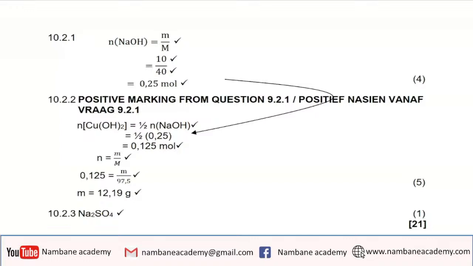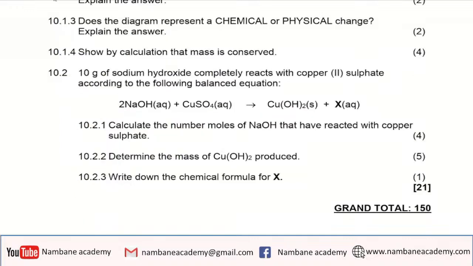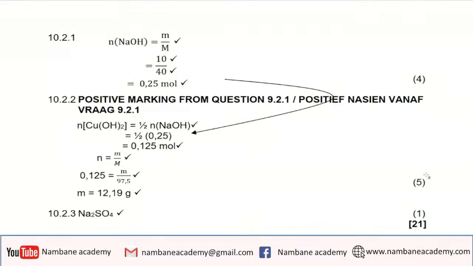The next question, determine the mass of copper hydroxide produced. For that one, it's going to be positive marking from 10.2.1. So the number of moles of copper 2 hydroxide is equal to half the number of moles of sodium hydroxide, 1 mark. So it is half multiplied by 0.25, no mark for that.